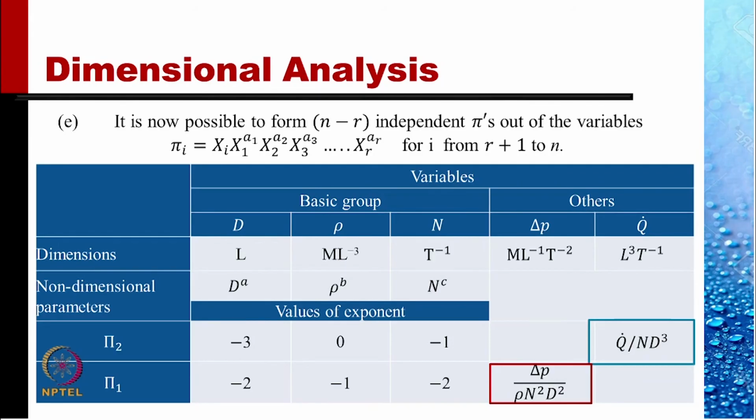The first, we look at what we have formed with the dependent parameter delta P. The powers A, B, and C are found to be minus 2, minus 1, and minus 2. So that delta P divided by rho n square d square is a pi number.